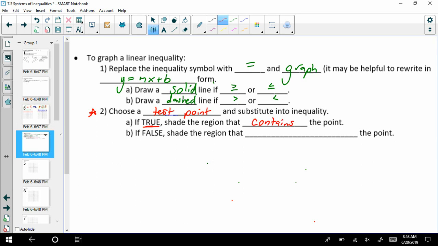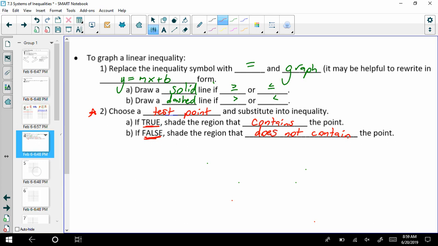So if my test point was 0, 0, and I plugged it in and it made the inequality come out true, I would want to shade wherever 0, 0 was. If when I substitute it in it comes out false, then I want to shade the region that does not contain the point. And when we do an example, you'll see what I mean by this.